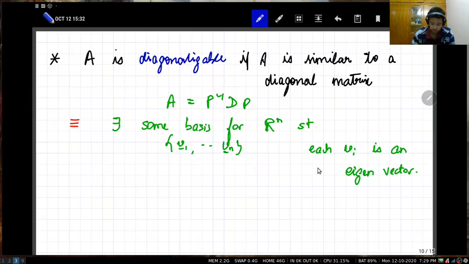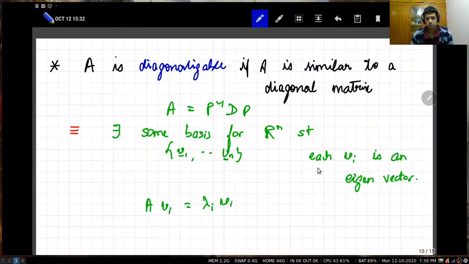So if lambda i is the ith eigenvalue, then we say that vi is the ith eigenvector and A times vi is equal to lambda i times vi.